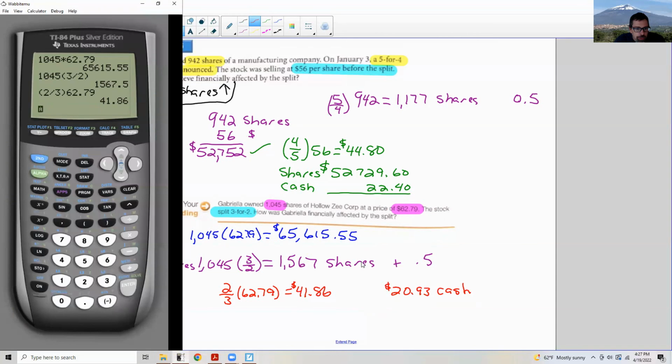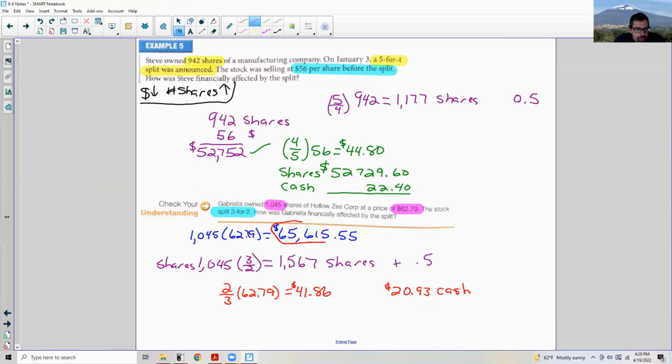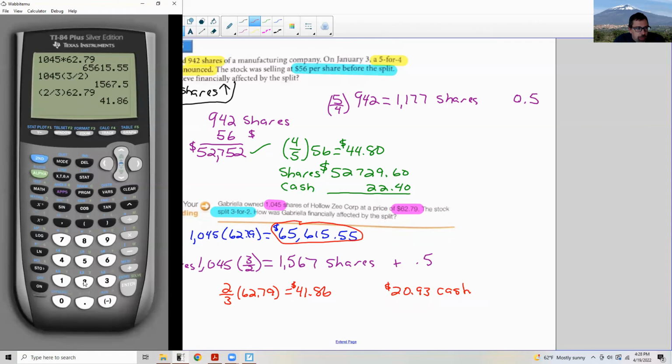So there were 1,045 shares at 62.79, and this is the dollar value right here before the split. After the split, we have $41.86 times 1,567 shares.